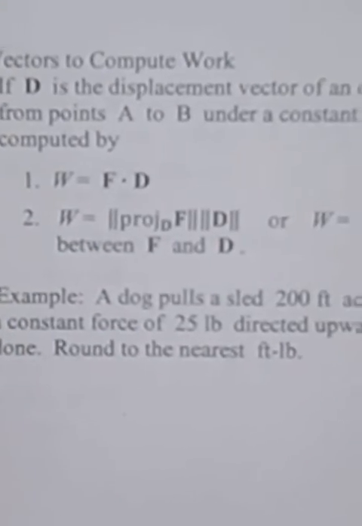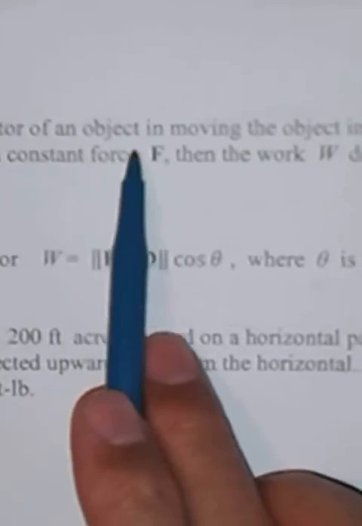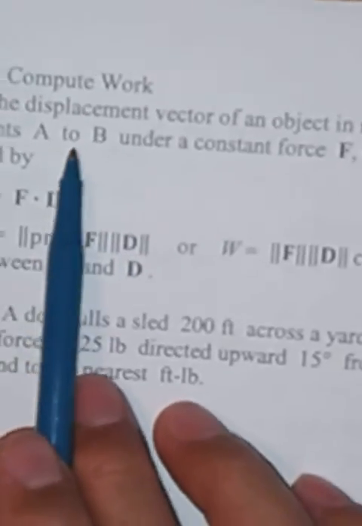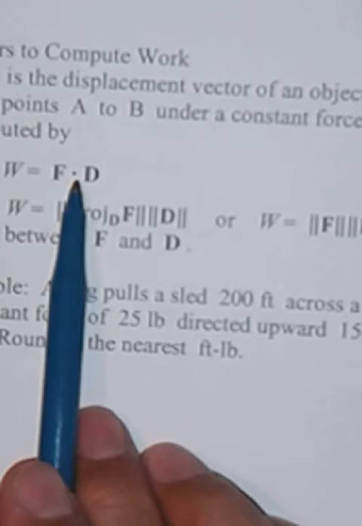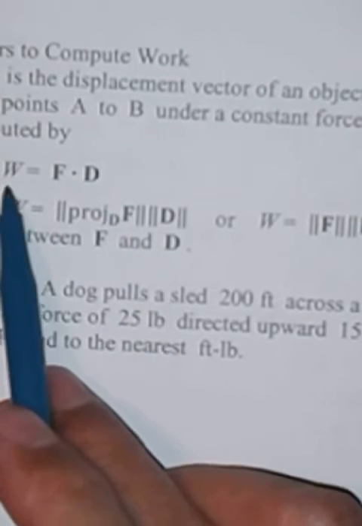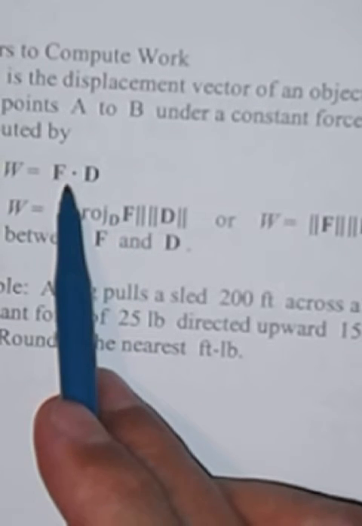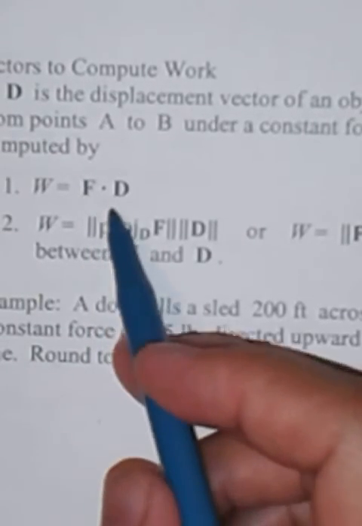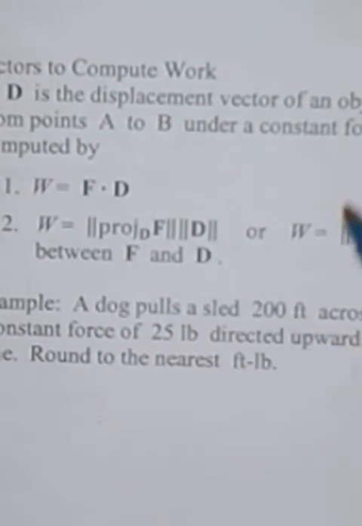It says if D is a displacement vector of an object moving in a straight line from point A to point B under a constant force F, then the work W done is computed by W is F dot D. F dot D is a real number, the product of the first components plus the product of the second components.